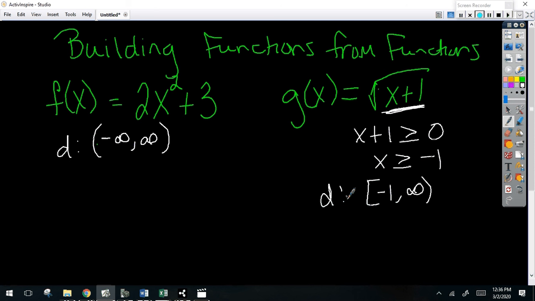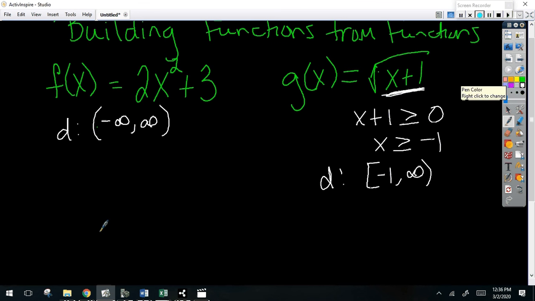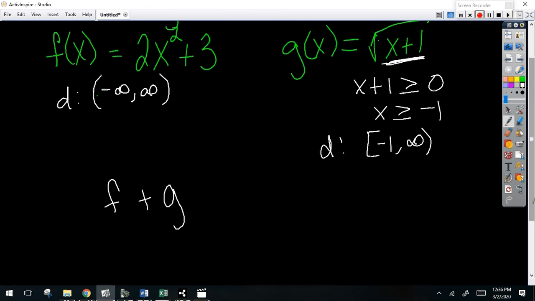Now when we start combining functions, we have to also combine their domains. So what if I asked you, what's f plus g? Give it to me algebraically and then let's look at the domain. Well, algebraically, you just write it: 2x squared plus 3 plus the square root of x plus 1.